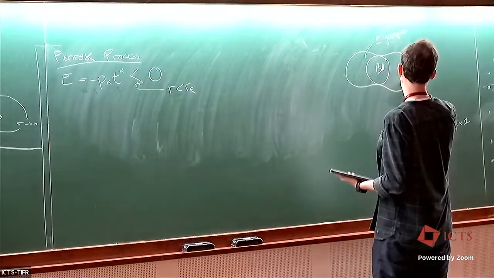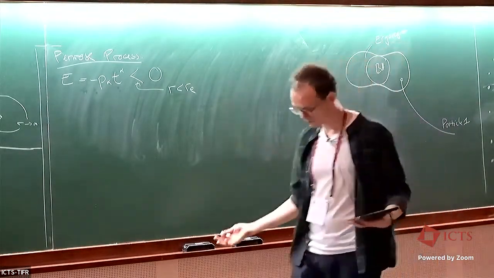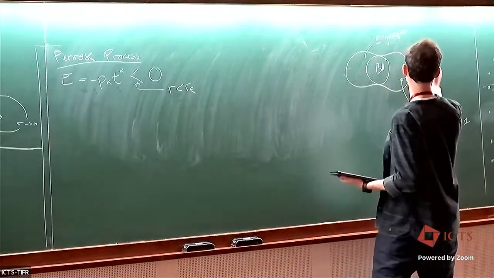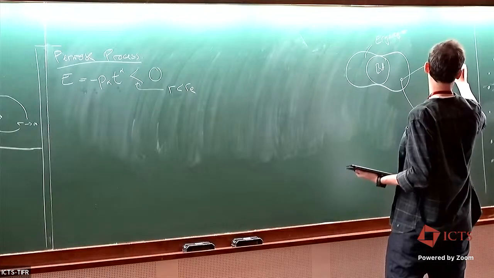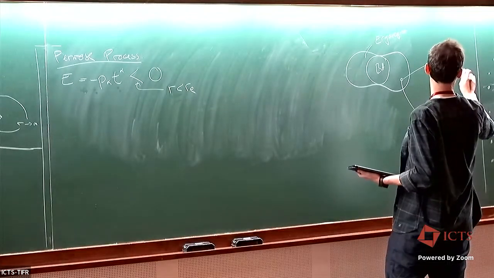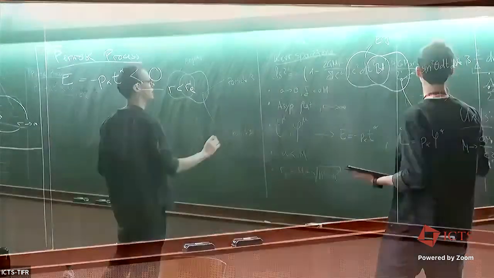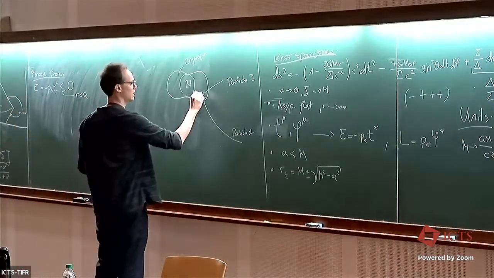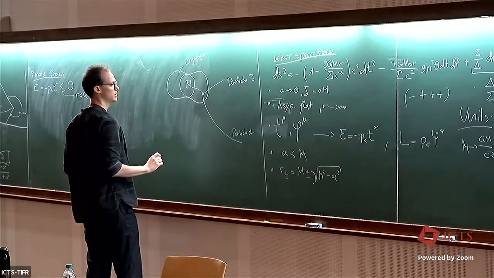Okay, so then here inside the Ergoregion, I come up with a convoluted method of breaking up this particle into two particles. Particle 3 leaves the Ergoregion and happily goes out to infinity again, and particle 2 falls into the black hole.